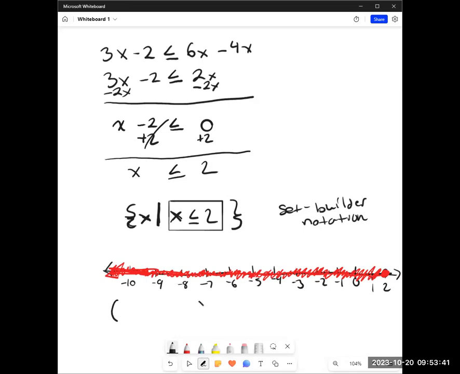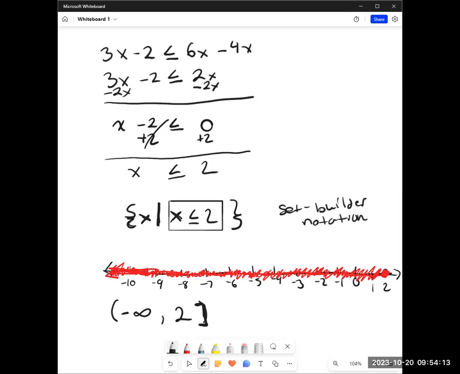So I'll just go ahead and talk about it right now. The lower boundary for this interval for my solution is -infinity. It's the biggest negative number that you can possibly think of, and then keep going because it goes on forever. And it has an upper boundary that is included, so it gets a solid bracket here instead of a parenthesis, and the upper boundary is +2.